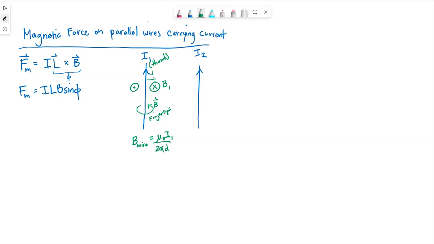So where I drew these X's and dots originally, D would just be from the wire to the dot. But there are concentric rings that represent the magnetic field around this wire. The field gets weaker the farther away from the wire, but there is a magnetic field.